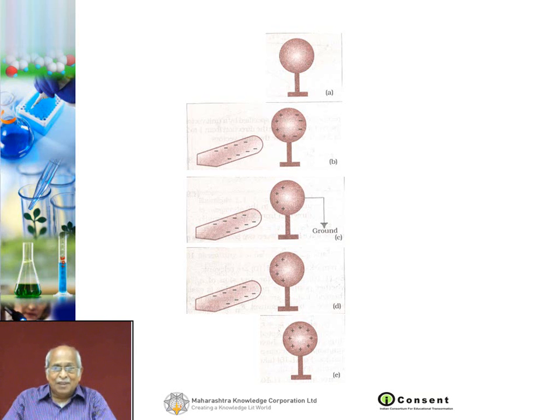On the other hand, the surface close to the plastic rod contains less number of electrons than what it would be otherwise. So number of electrons is less. There is a deficiency of electrons.